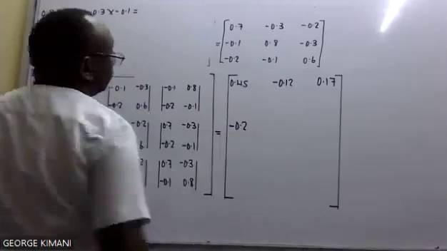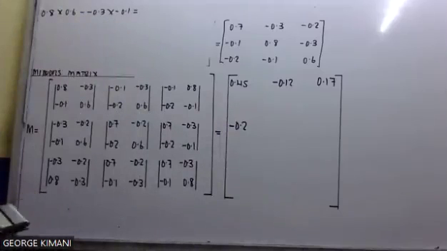Yes. Minus 0.2. Then 0.7 times 0.6 minus 0.2 times minus 0.2, 0.38. Good.